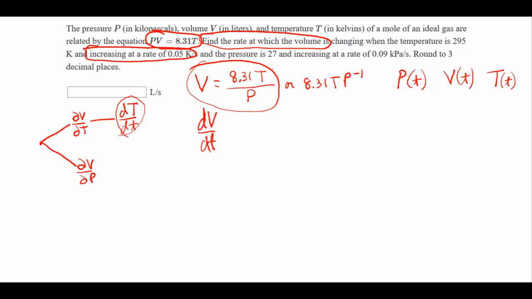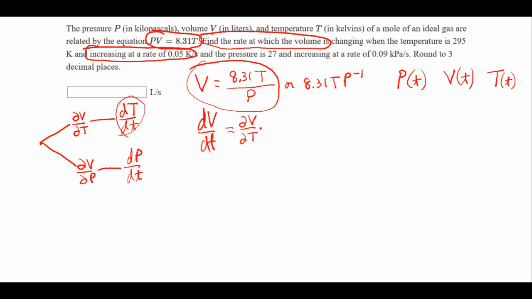So we can use a specific value for dT/dt. And likewise, we can find dP/dt.